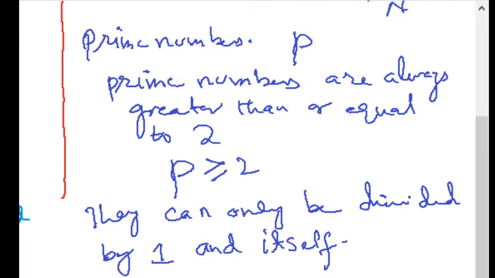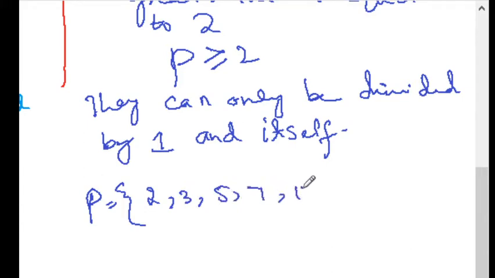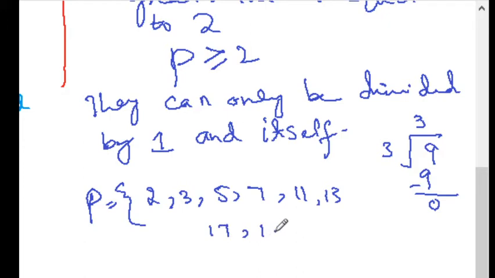Examples of prime numbers: 2, 3, 5, 7, 11. 9 is not a prime number, because 9 can be divided by 3, since 3 threes are 9. Okay, so 11, 13, 17, 19 are prime numbers.